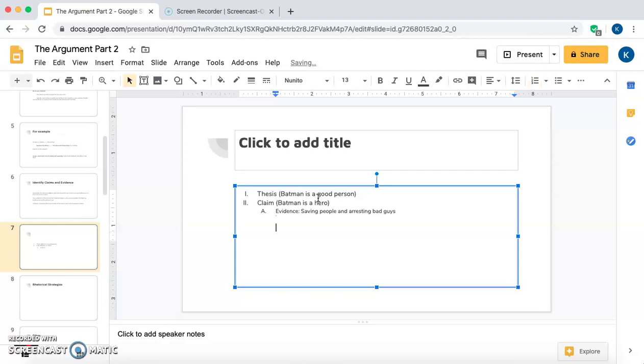And then our second claim would be something like Batman is charitable. And then you would come up with some sort of evidence where he gives away money.